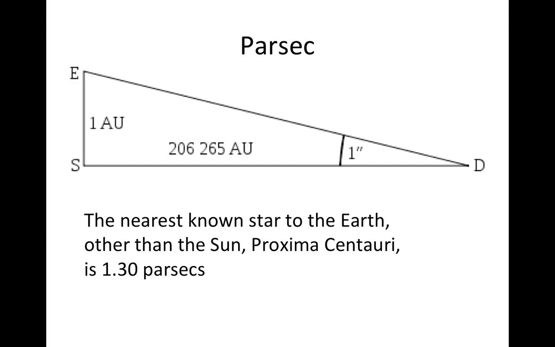So when we talk about distance to relatively close stars, we use parsecs instead of astronomical units. You see there another example of how the unit of measure changes depending on what it is that we are trying to measure.